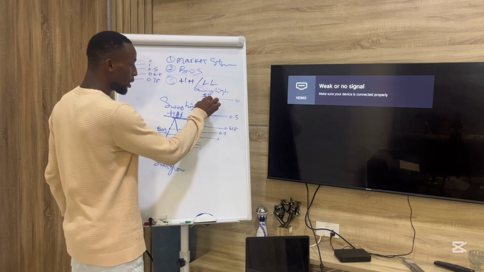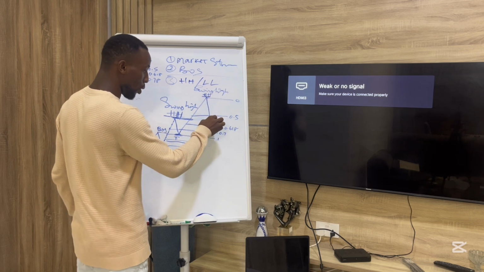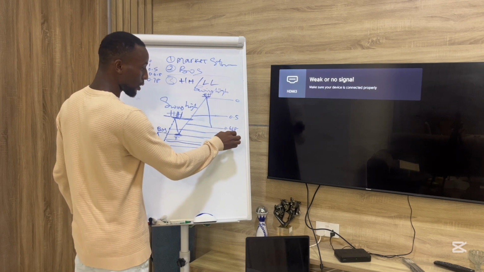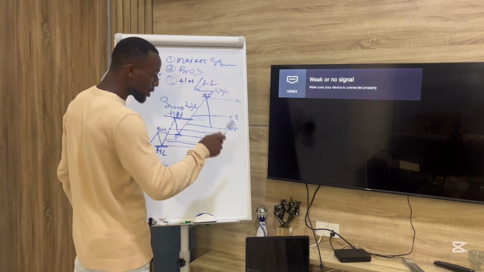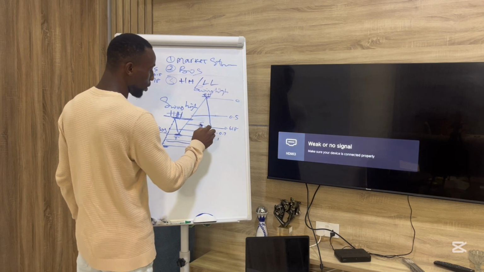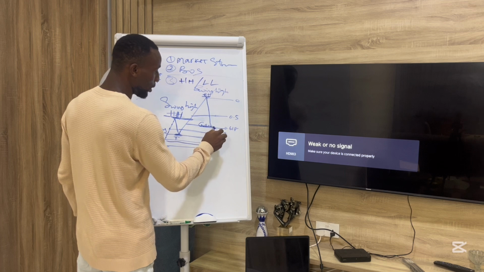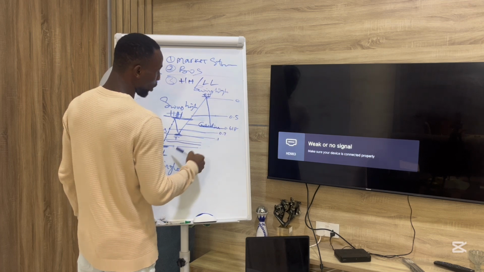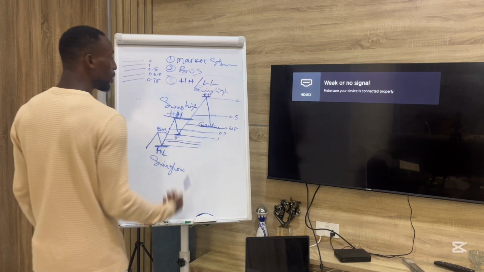So all you need to do again is to wait for the market to retrace all the way down to the 0.618 area. I call this area the golden area. I call it the golden line. Some people call it the golden area. I call it the golden line.